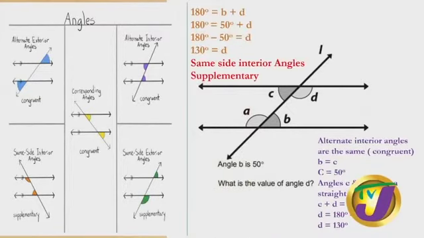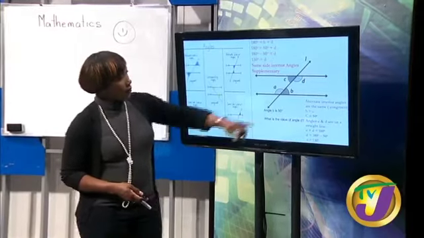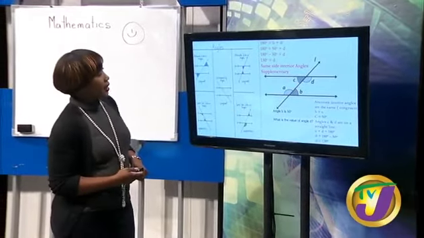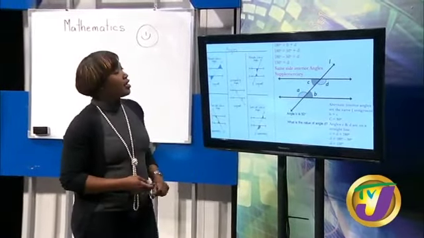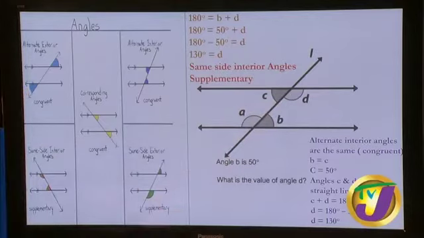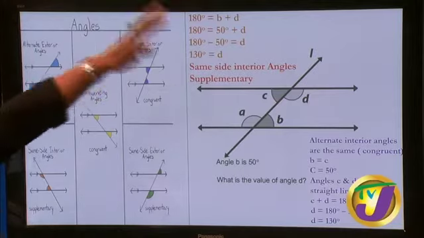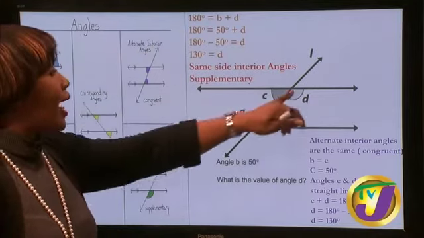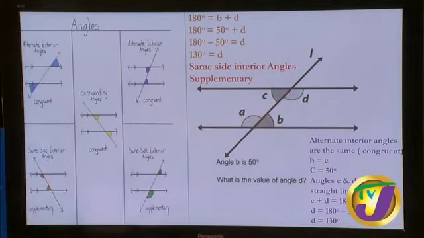But let's say you saw another way, and this could be it. Same side interior angles. So you have B and D. Is that same side interior? Yes. So B and D are same side interior angles. Let's look at the working out. So B and D will add to give you 180, they're supplementary. I wasn't paying attention. I thought they were congruent.